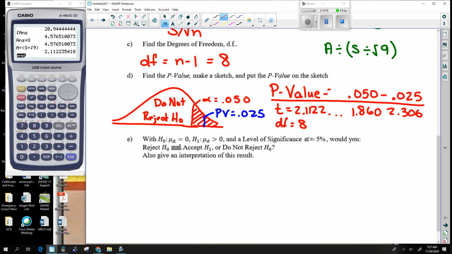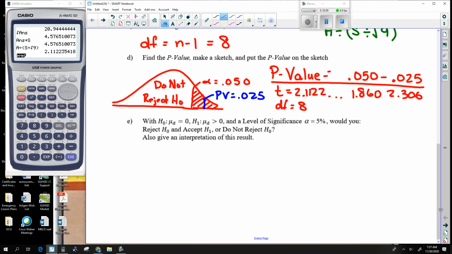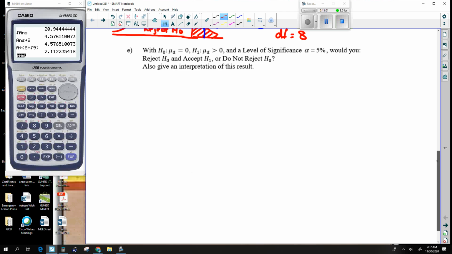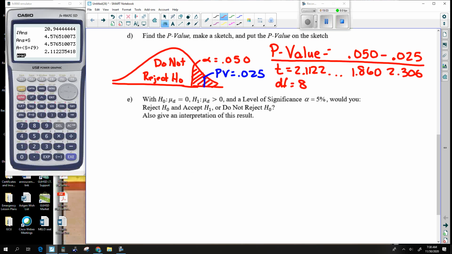Okay, now the next part of this question, we have some breaking down to do. First, what does our p-value to alpha say? Our p-value is less than our alpha, so that means we reject H naught and accept H1.